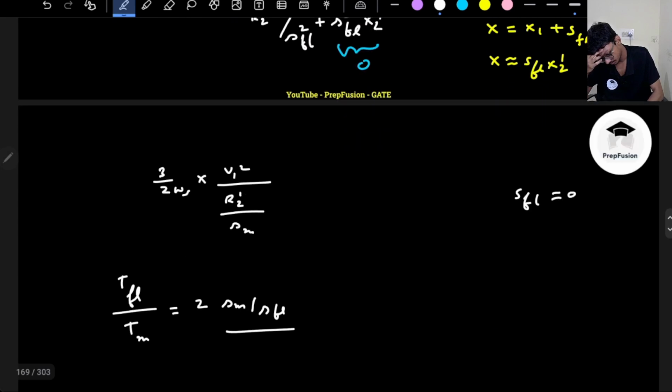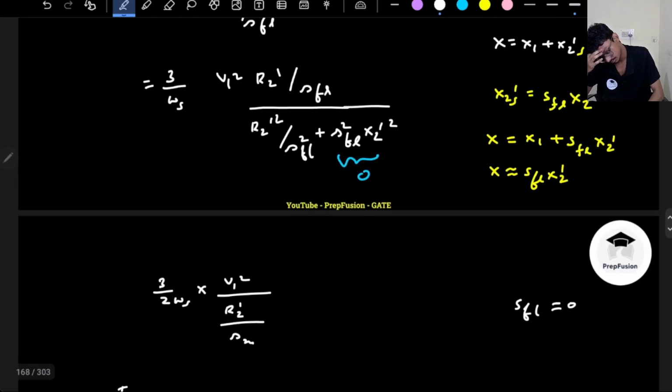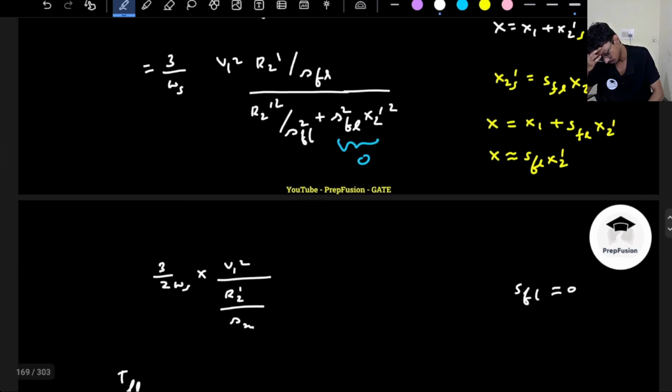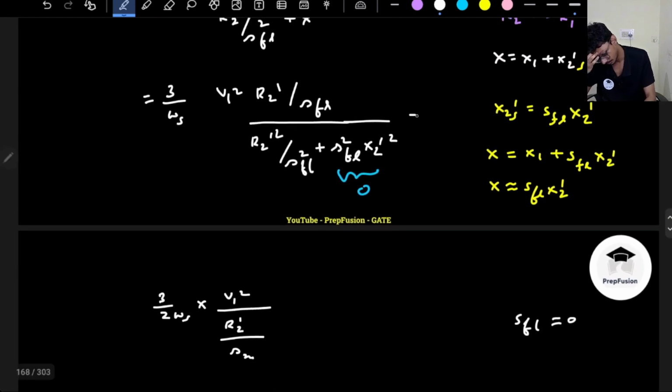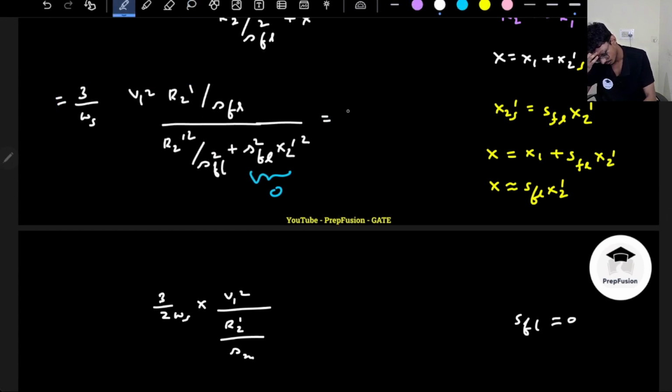If I approximate it, this will be V1 whole square into SFL divided by R2 dash, 3 by omega s.